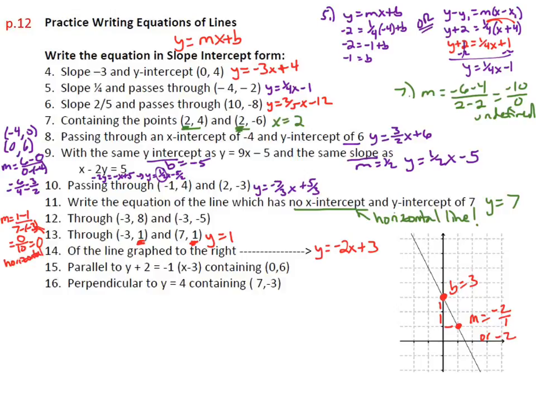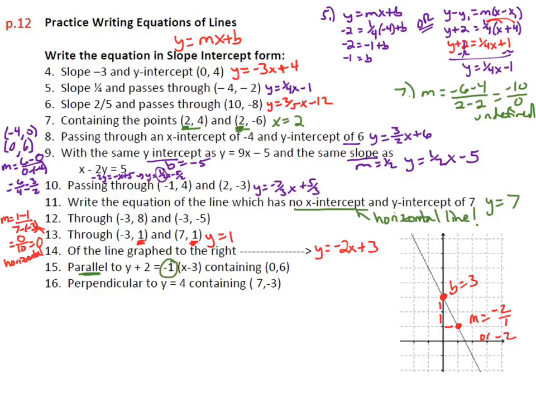If we want a line that is parallel to y plus 2 equals negative 1 times x minus 3 containing the point 0, 6, the key word there is parallel, so we want the same slope. Notice our equation is in point-slope form, y plus 2 equals negative 1 times x minus 3.